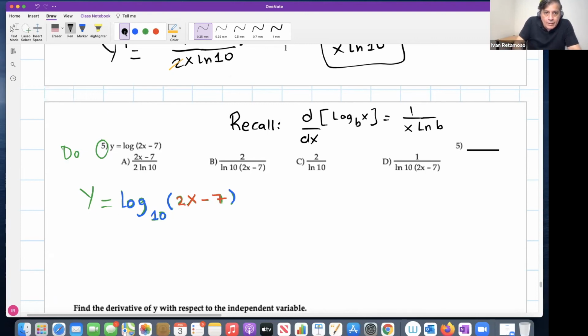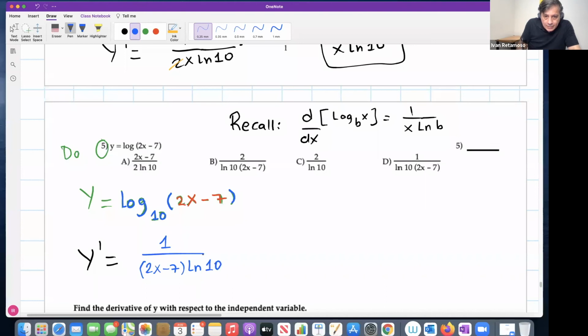Remember, it all starts by taking the derivative of the outside function, which is log base 10 of something. That derivative is 1 over the argument, the inside of the log, 2x minus 7, times natural log of the invisible base 10.